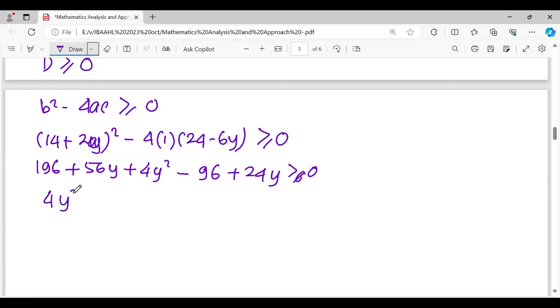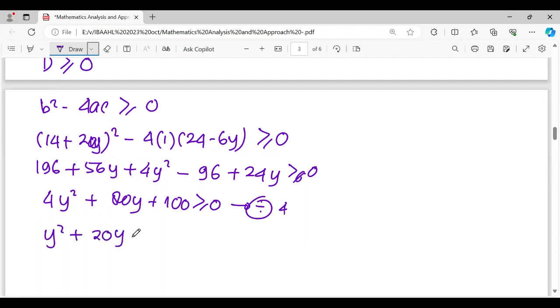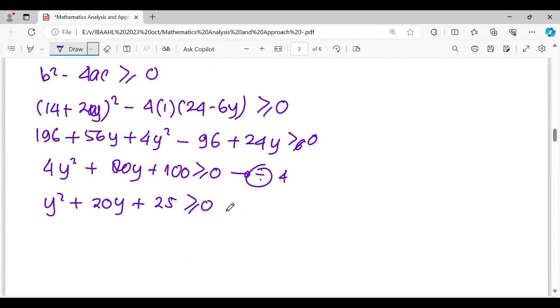So it becomes 4y squared plus 80y plus 100, because 56y plus 24y, and 196 minus 96, greater than or equal to 0. And I'm going to divide by 4, and it becomes y squared plus 20y plus 25 greater than or equal to 0.